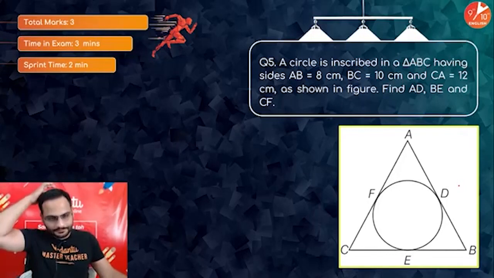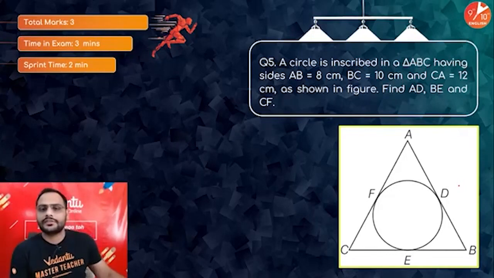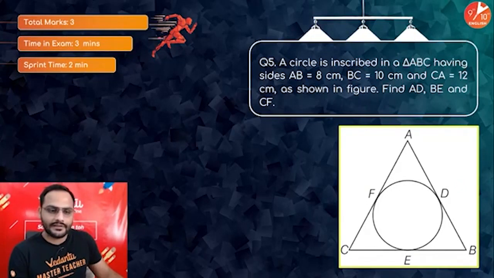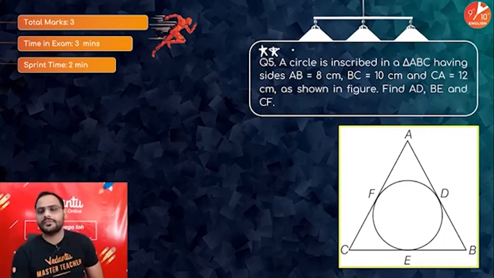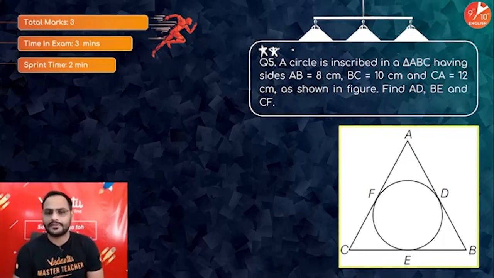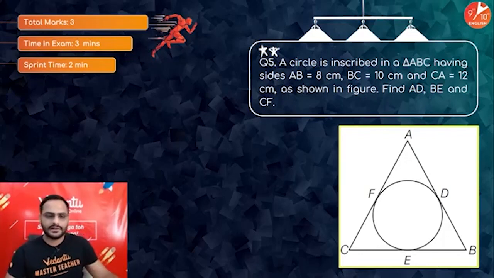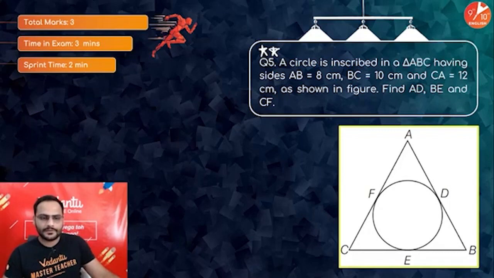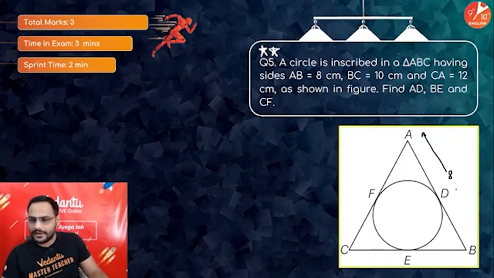Next question. A circle is, now this is one of the NCERT questions, and it is an important one. A very repetitive type of question it is. A circle is inscribed in a triangle having sides AB as 8. So dekho beta, here this complete side AB is given as 8.